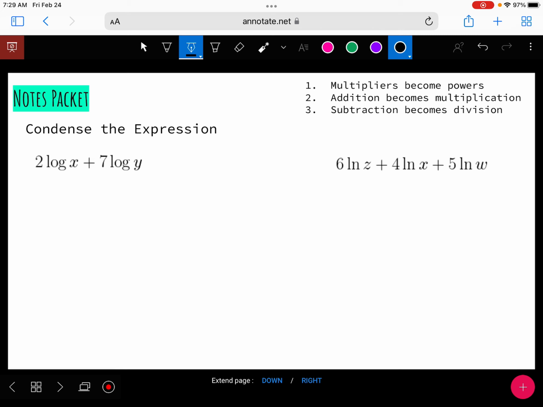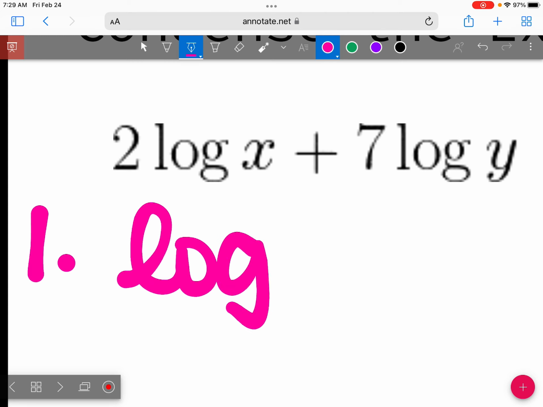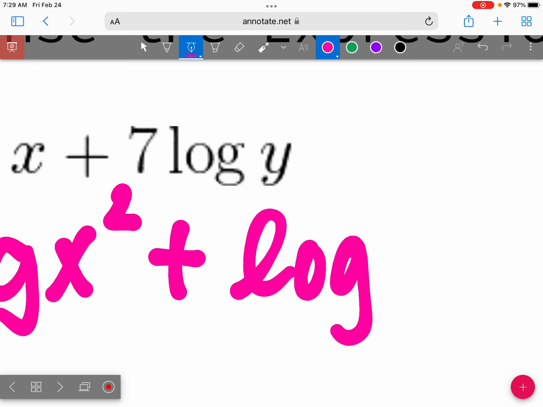So our first one, 2 log of x plus 7 log of y. What is our first step? Multipliers become powers. So now we have log of what? X squared, plus log y to the 7th. Okay?